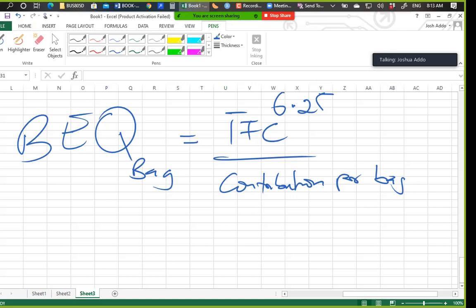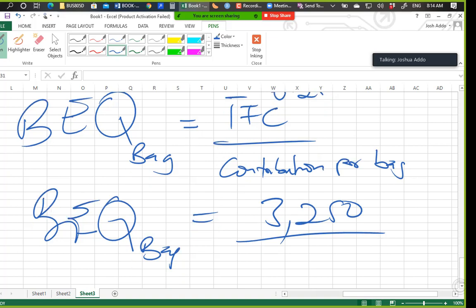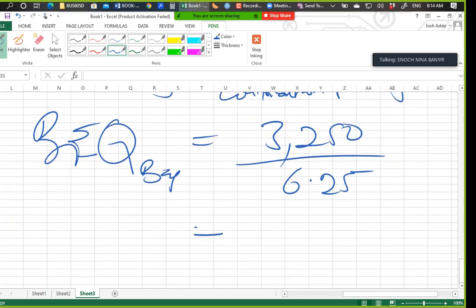So break-even quantity in bags is equal to 3,250 divided by 6.25. What will this give us? 520. So this is 520 what? Bags, right?